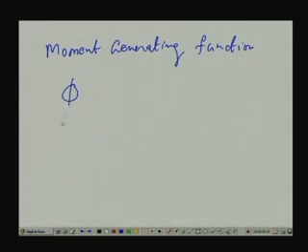Here instead of phi I put an underscore. So, phi underscore, and it is not omega, it is a general complex variable s, something like what you are familiar with in the case of Laplace transform, where s is a general complex variable.